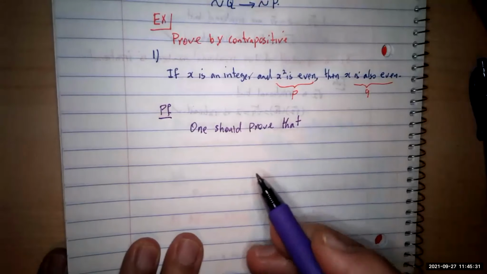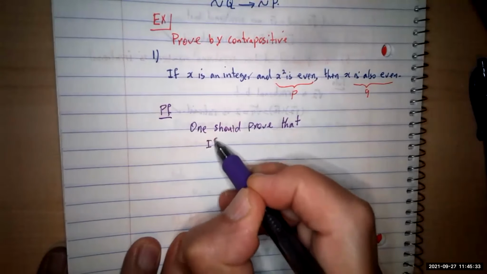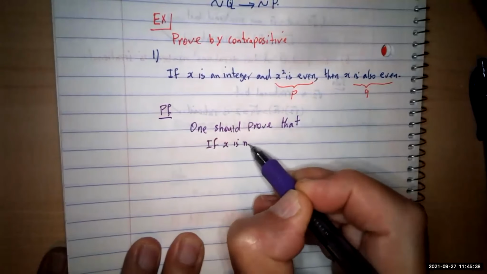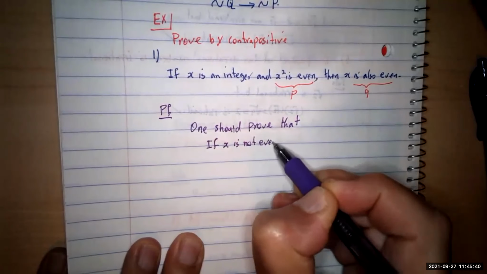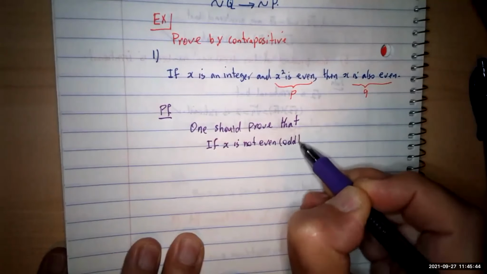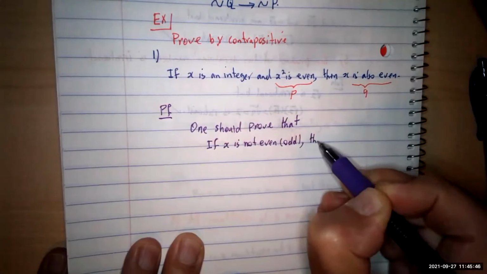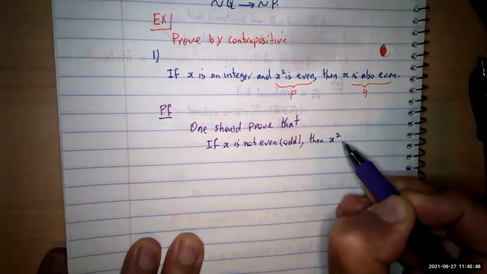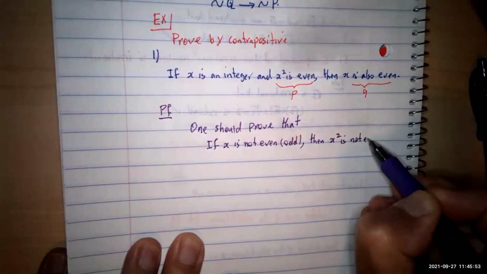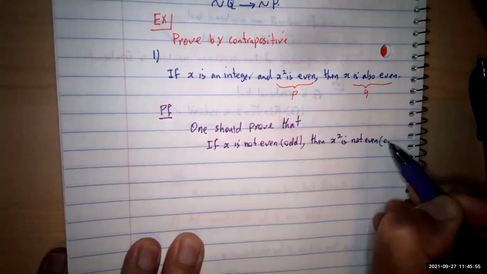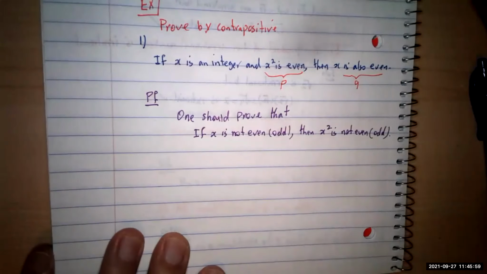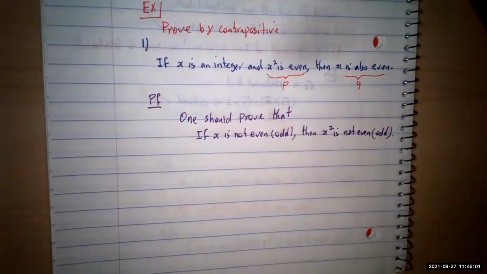So this is what we have to prove: that if x is not even, which is the same as to be odd, then x squared is not even, so it's going to be odd. So you have to give us this statement first to know what you want to prove.